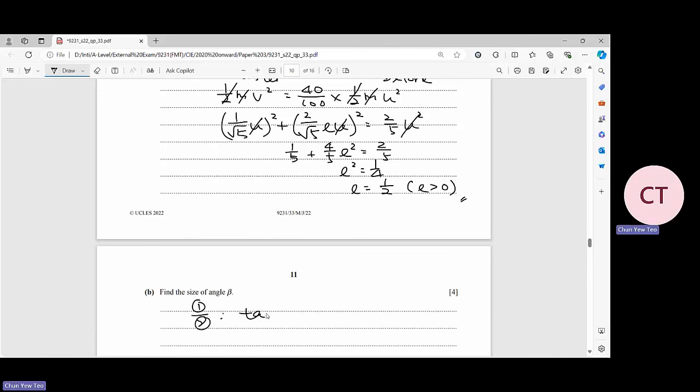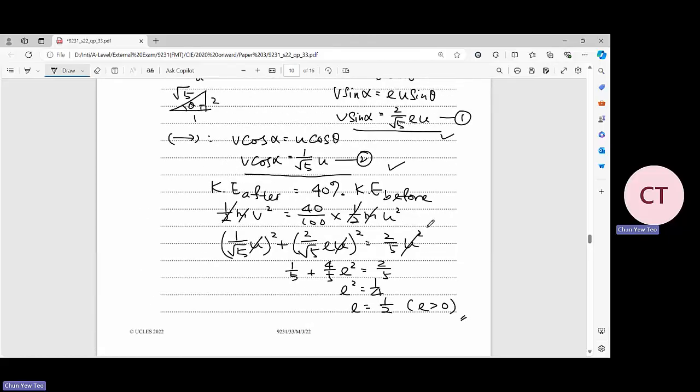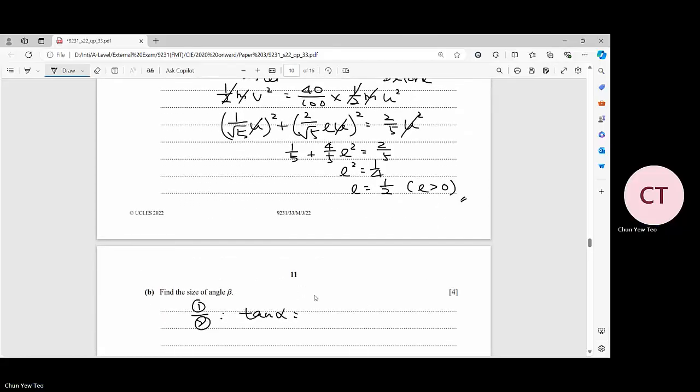Then you will get tangent alpha. If you divide it, you will get 2 over 5 eu divided by the 1 over 5 of u. Cancel the u, cancel the 5, and the e is a half, so you get tangent alpha is 1.